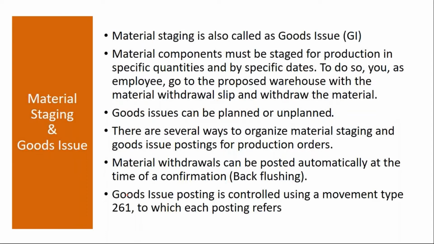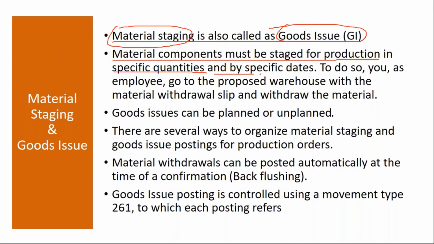So basically, material staging is also called goods issue. Whether you call it goods issue or material staging, both are the same. So what is this goods issue? Material components must be staged for production in specific quantities and by specific dates. Normally to start the production, you need the raw materials.